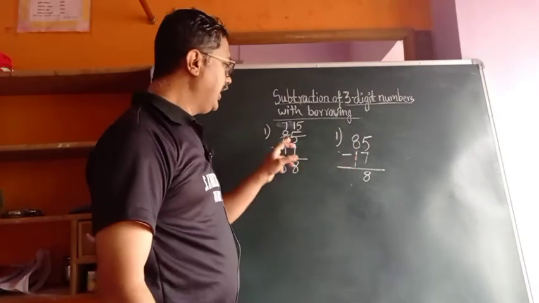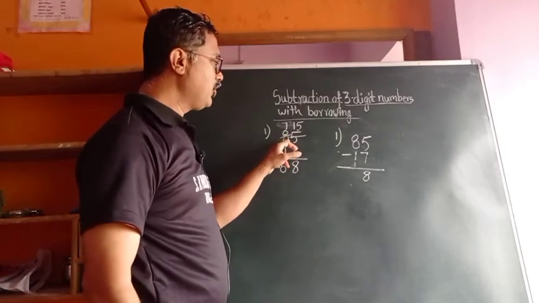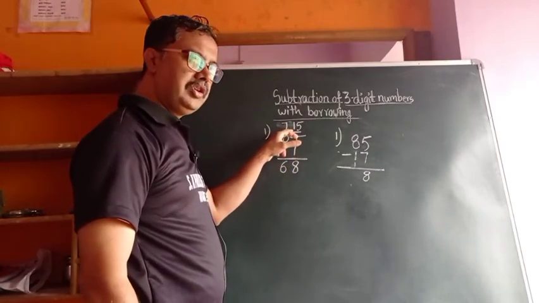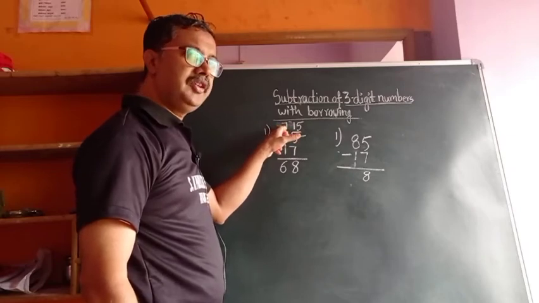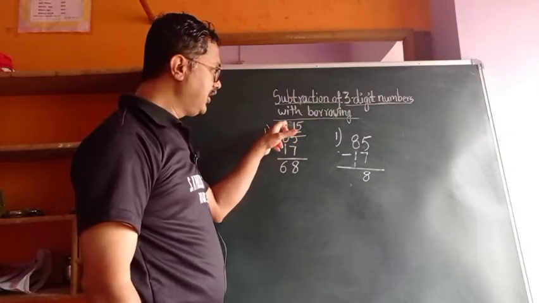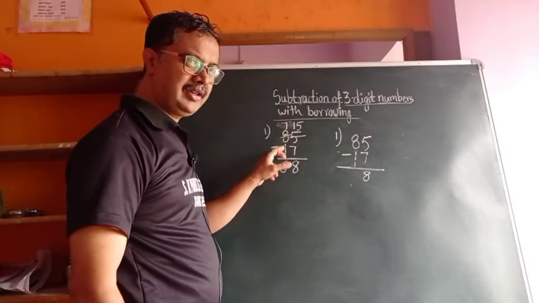Now in the textbook method we strike out the next number and write the new number, that is 7, and we subtract the upside number from the downside number.